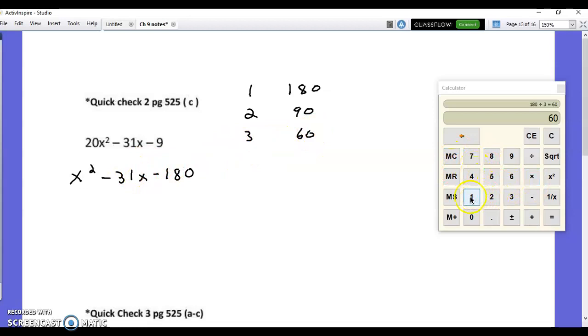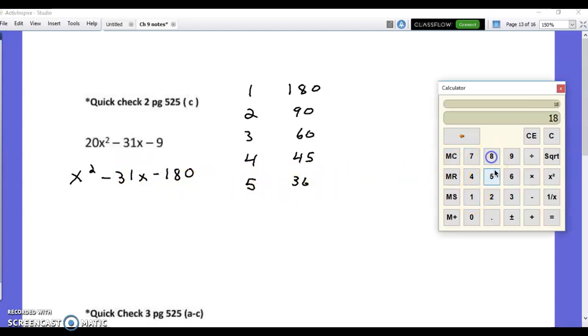So I have 180 divided by 4, so 4 and 45. 180 divided by 5, 5 and 36. So I notice here that my difference between 5 and 36 is 31. So these are going to be the numbers I'm going to use.